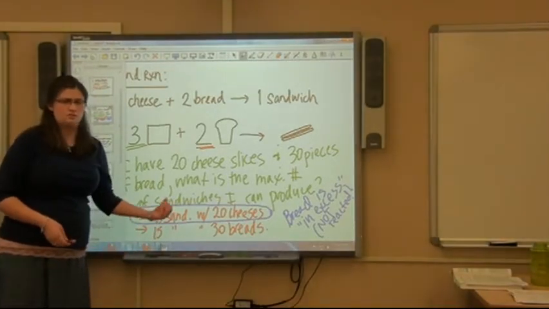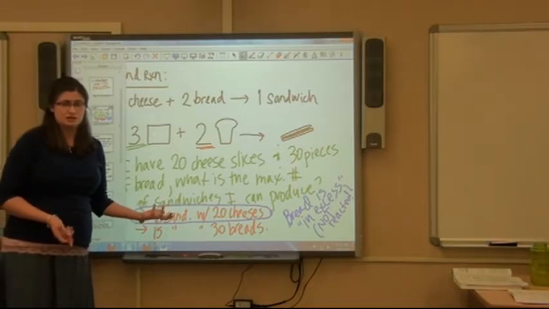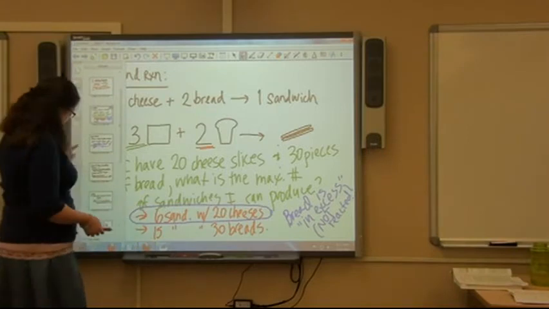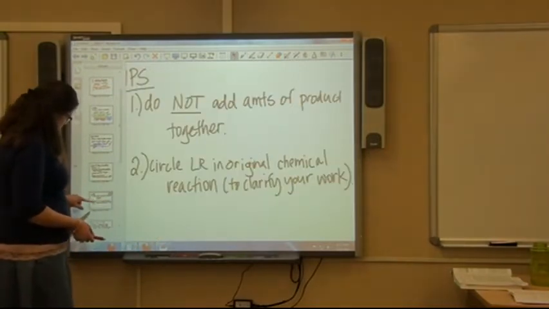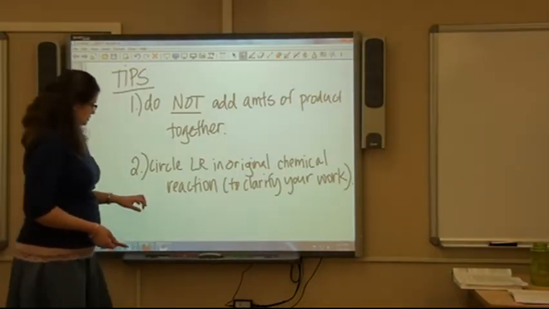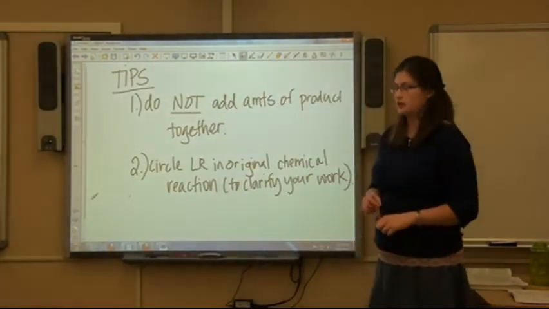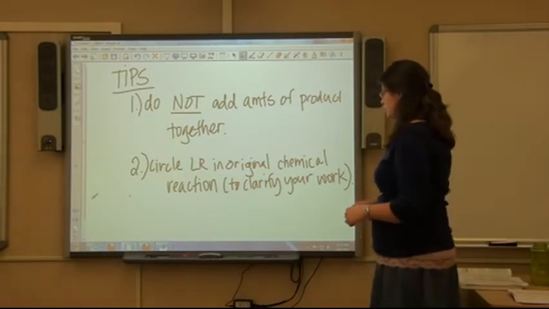You can't make 21 sandwiches from these ingredients. So just like we did not add here, we cannot add in the real chemical equations. So do not add the amounts of products together. That's a real temptation for students.